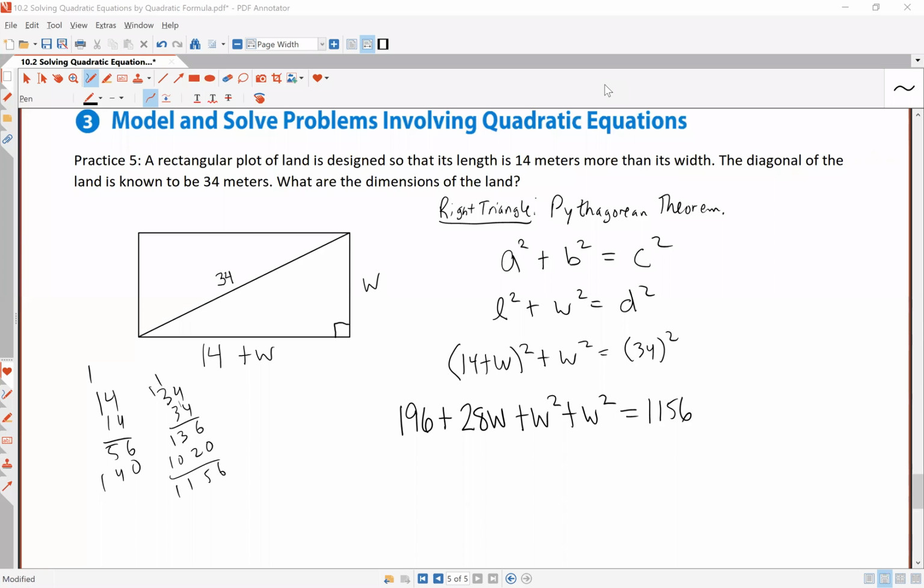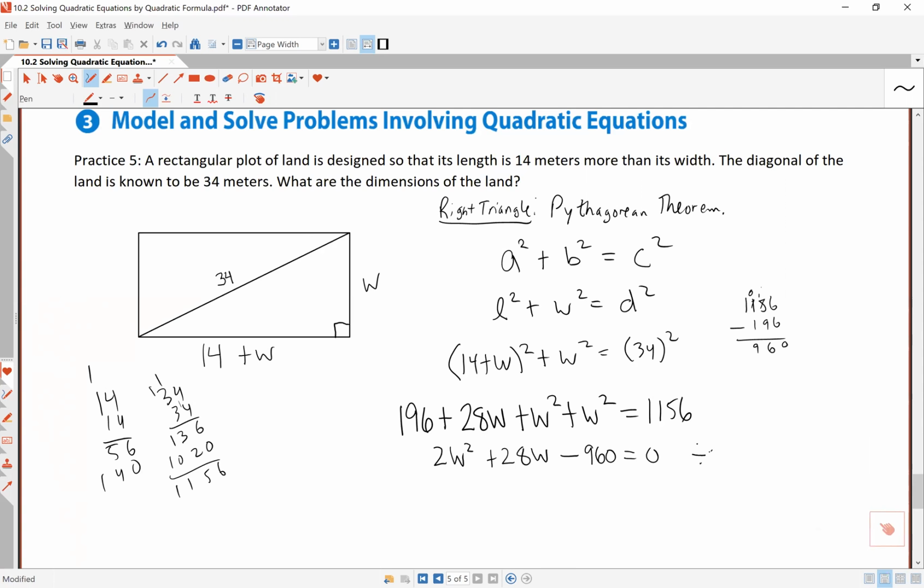Writing this in standard form, we're going to have 2W squared plus 28W minus 196 minus 1,156, which is negative 960.